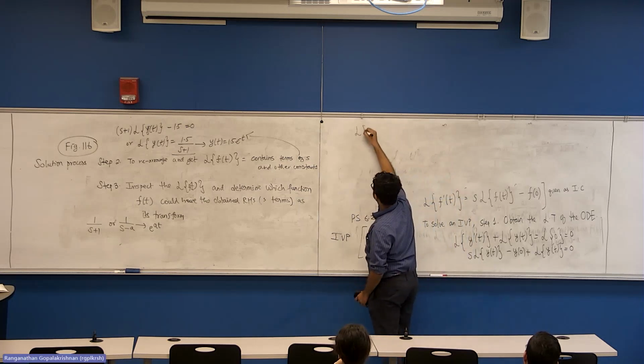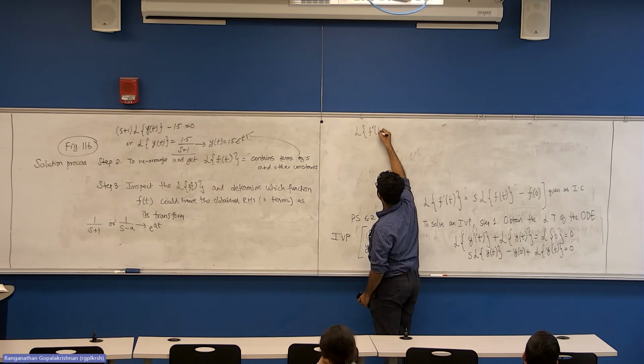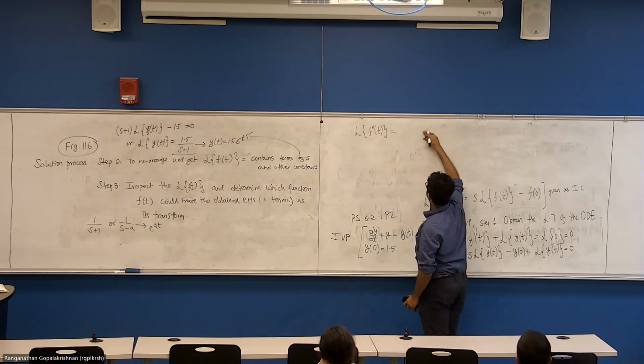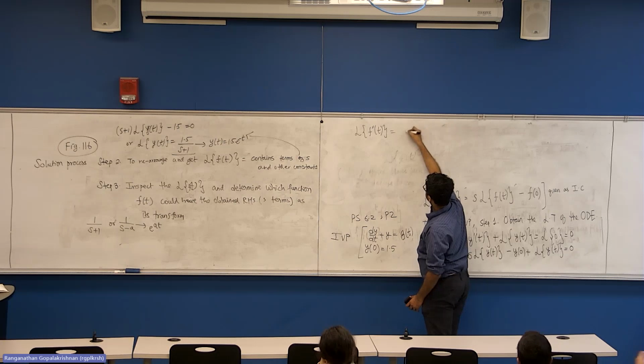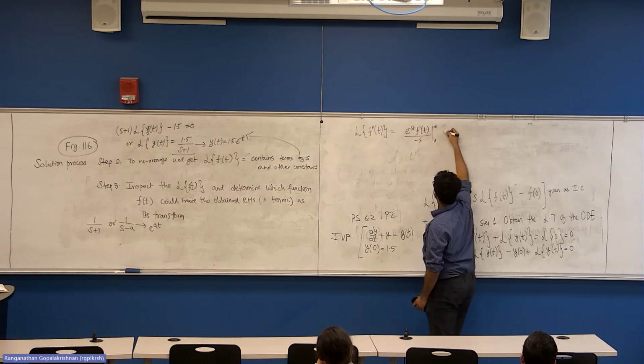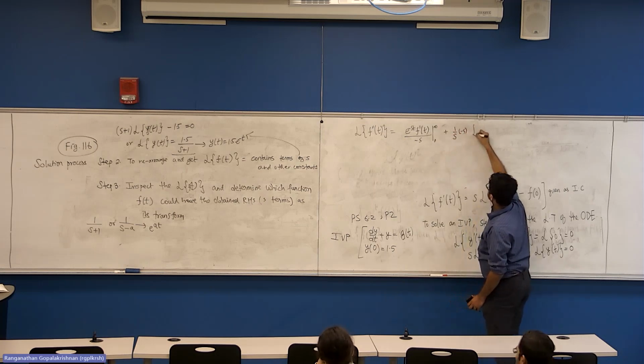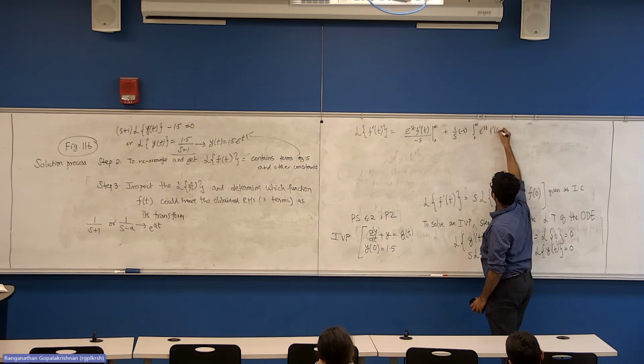So the Laplace transform of f double dash of t would be, again integrating by parts, I would have e power minus st f dash of t divided by minus s from 0 to infinity plus 1 over s, and again I will have a differentiation, so minus s, 0 to infinity, e power minus st f dash of t dt.